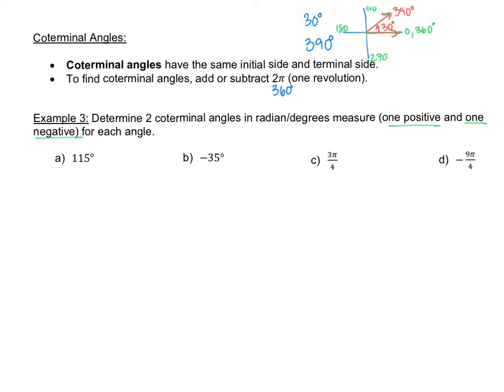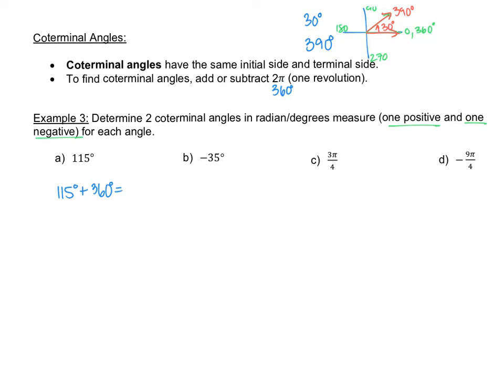Well, then maybe it's better just to add 360 degrees, because if I subtract, I'll automatically get a negative. So if I take 115 and I add 360, this should land in the same place. And it should make sense, because if you're going 360, that means you made one full circle, so you should land in the same place.